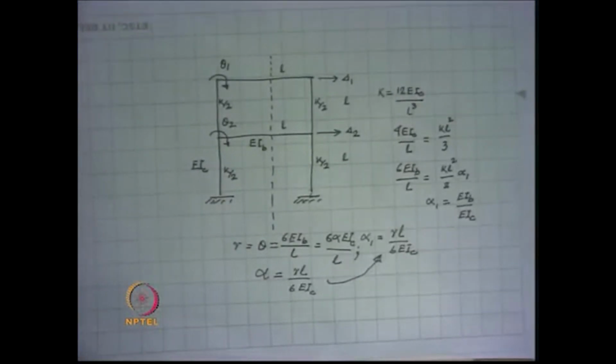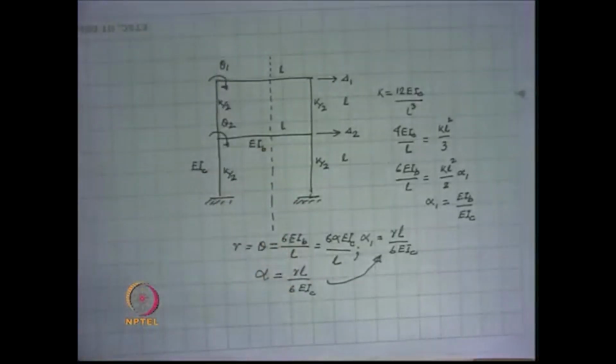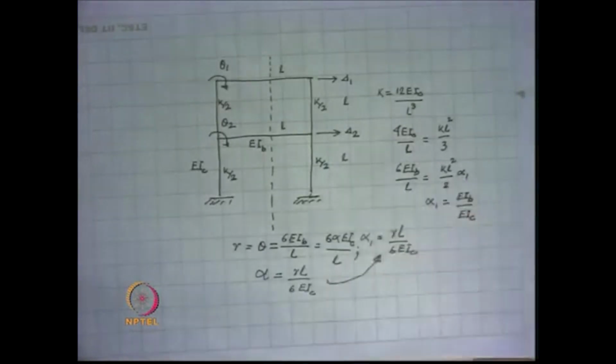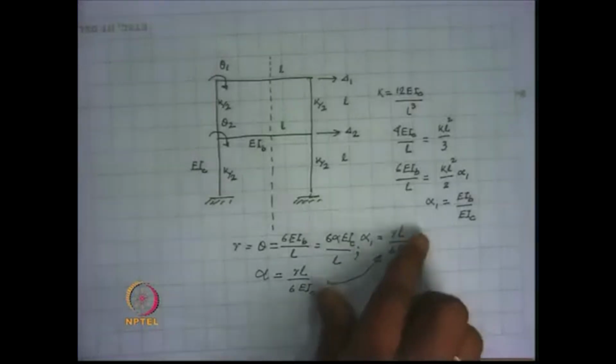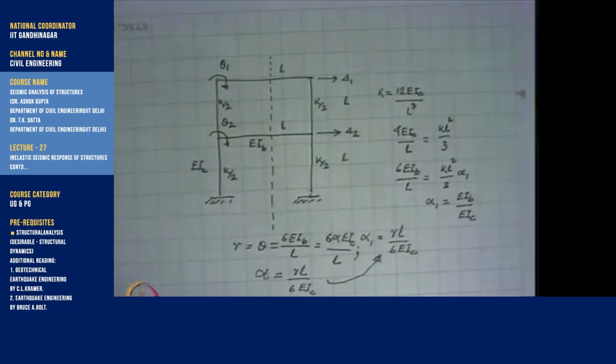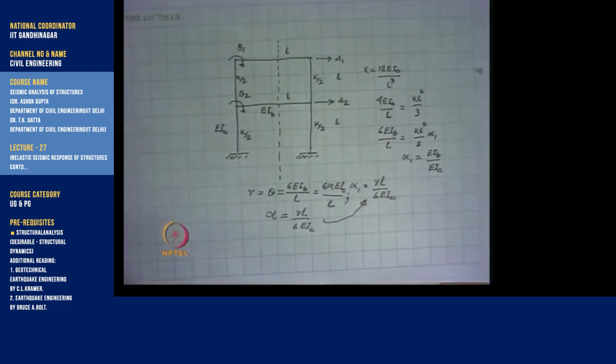Now, when the cross section over here undergoes yielding, then the EIB, the flexural rigidity of the beam, does not come into the picture, and it is very difficult then to define the stiffness of the beam in this particular fashion. It is possible so long as it is in the elastic state, and therefore, the rotation R is brought into the picture.